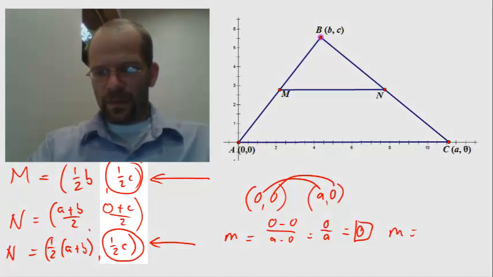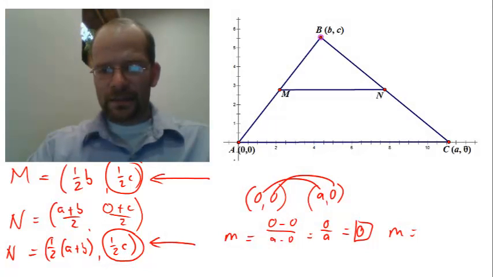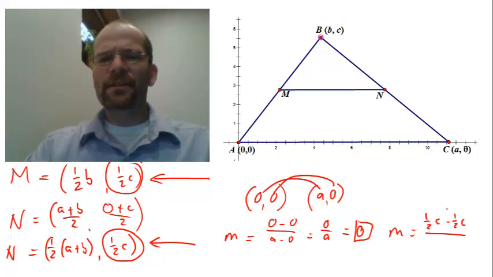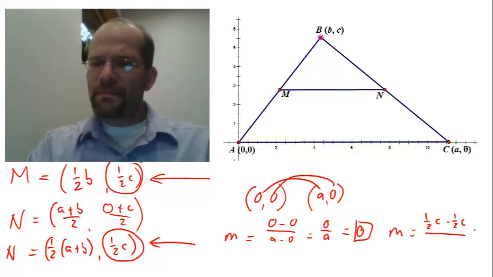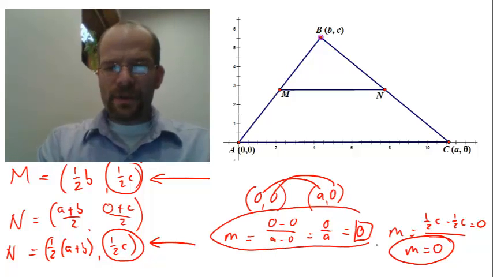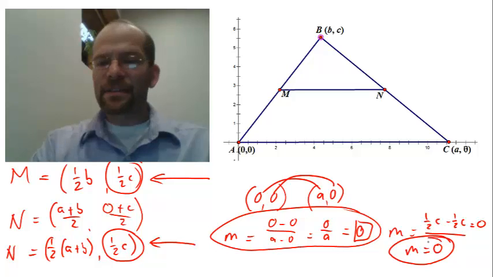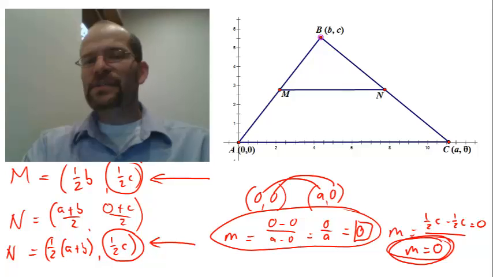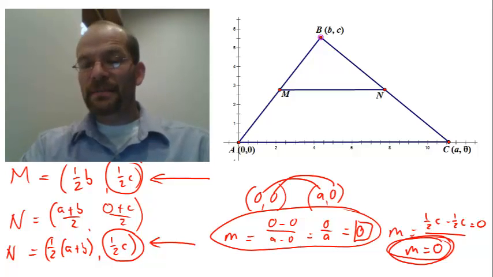So delta y here means 1/2 c minus 1/2 c. Let's just leave the denominator alone for a minute. You can see 1/2 c minus 1/2 c is equal to 0. And so the slope of my midsegment is also equal to 0. What does that mean? Well, the slope of the third side is 0, and the slope of the midsegment is 0. So therefore, we've already proven the first part of the theorem, that the midsegment is always parallel to the third side.